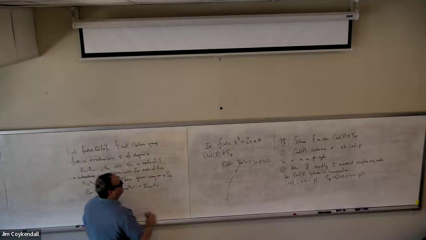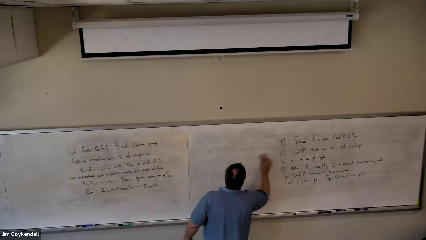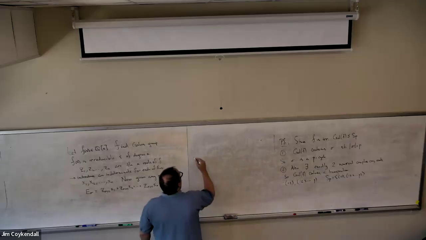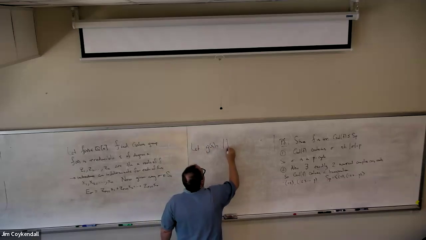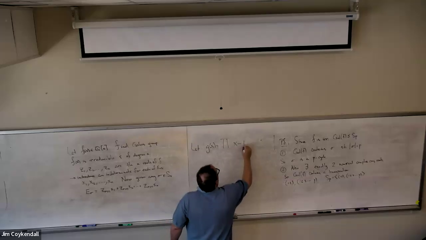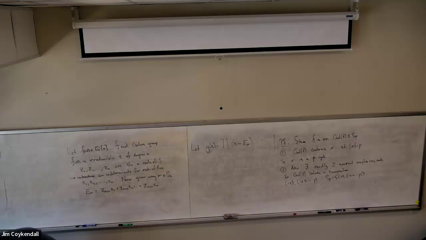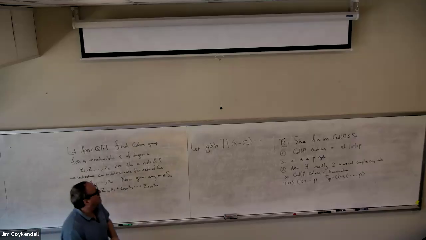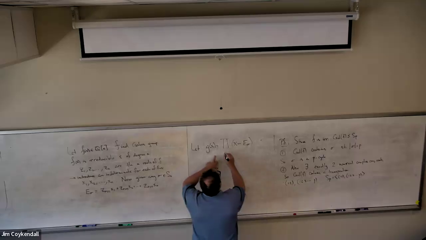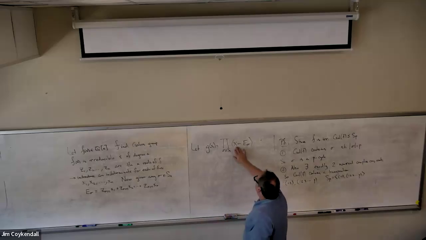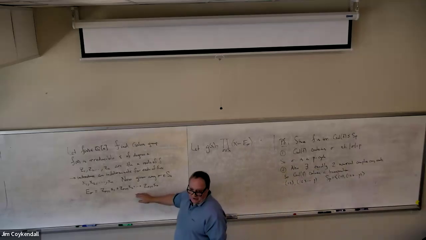Let g of x be, now we've got this kind of master new polynomial variable, which I'm going to call x. And what I'm going to do is go over sigma in Sn, x minus each E sigma.